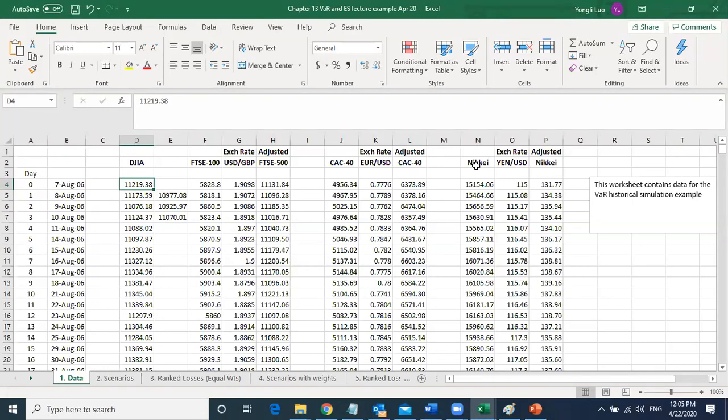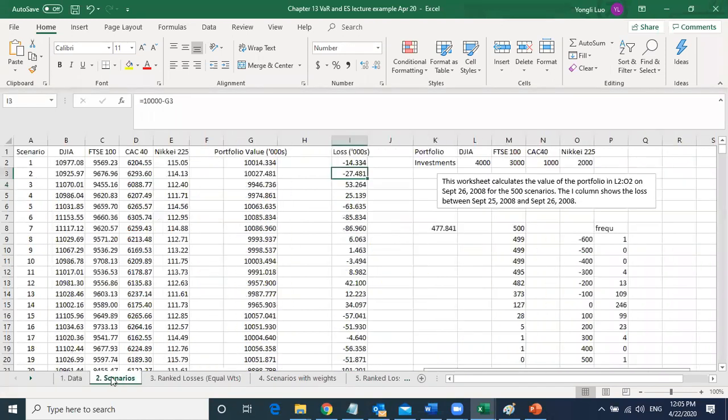Those indices use different currencies. So for those 3, from London, France, and Japan, we use the exchange rate to get all of them in dollar value.